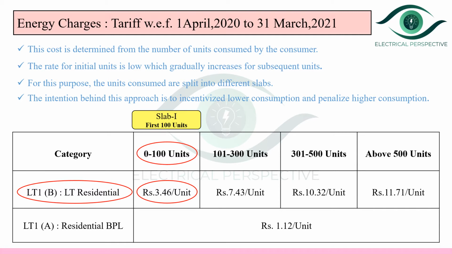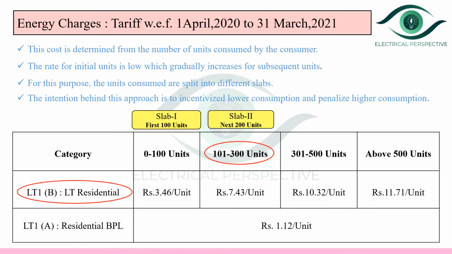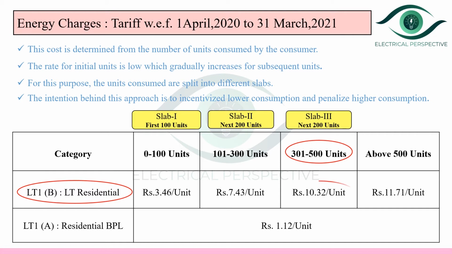Now, if your consumption is more than 100, then the next 200 units will be considered under slab 2, and that will be charged at 7.43 rupees per unit. Similarly, if your consumption is more than 300 units but less than 500 units, then the next 200 units will be considered under slab 3, and it will be charged at 10.32 rupees per unit.